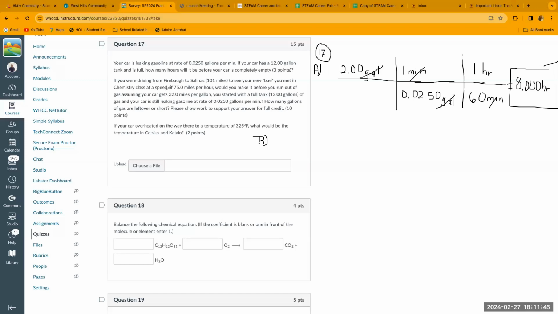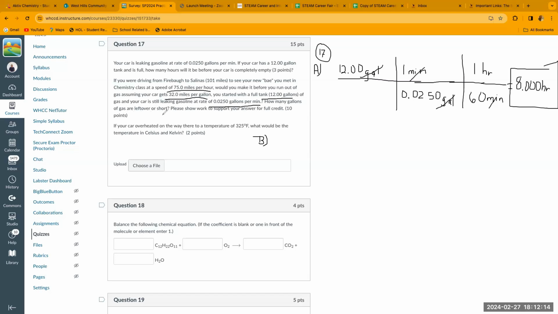And we're driving 75 miles per hour. So will we make it before we run out of gas? Our car gets 32 miles per gallon, and we're starting off with a full tank. My car is still leaking. How many gallons of gas are left over?